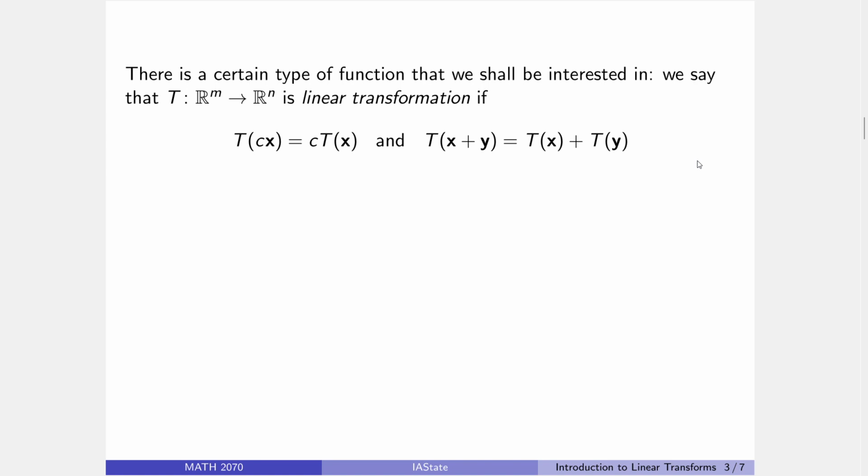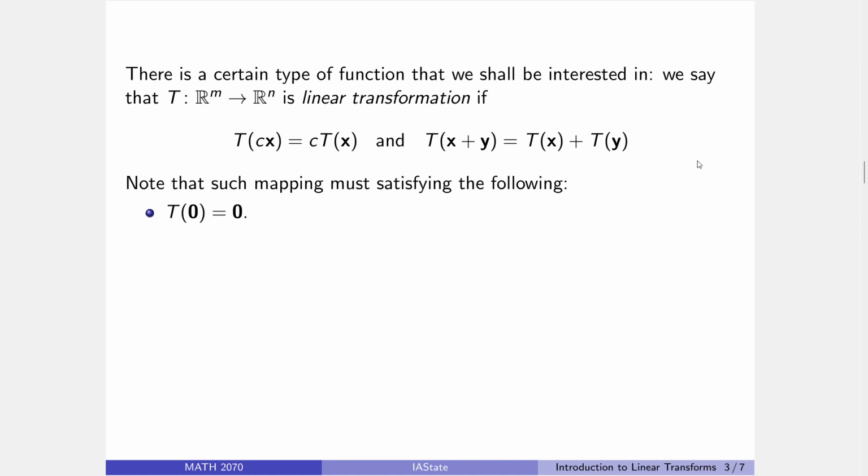Now, before we get some examples and non-examples of this, let's quickly point out two immediate properties that such mappings need to have. This will help us immediately eliminate functions from being linear. The first property is that linear mappings have to fix the origin. They have to send 0 to 0.